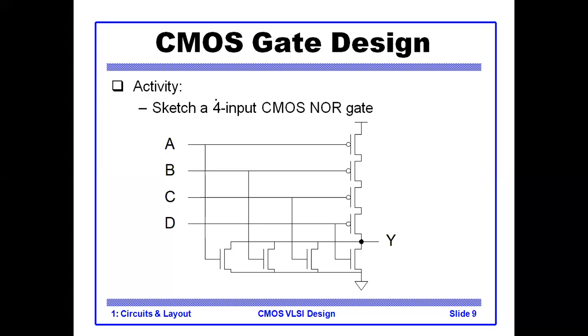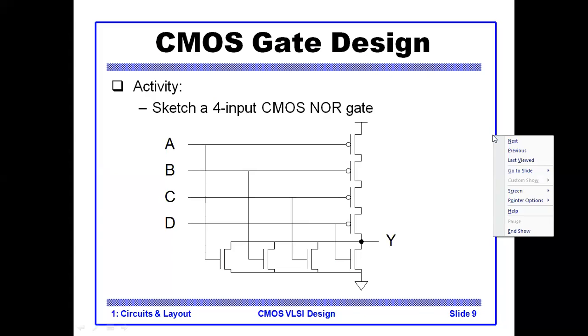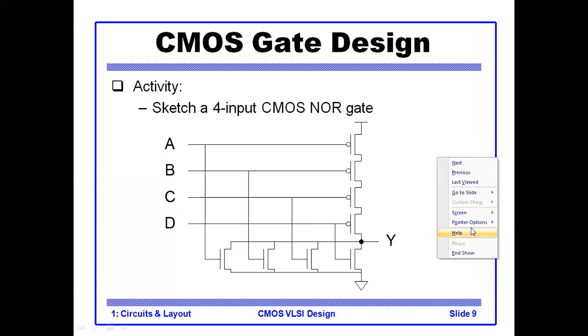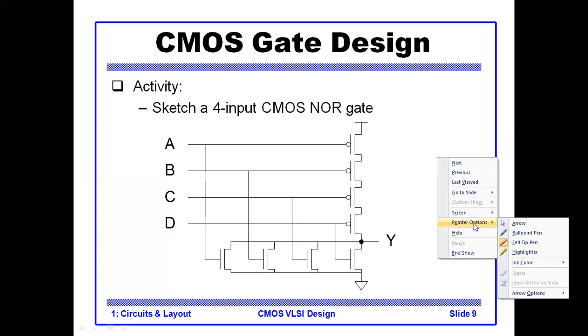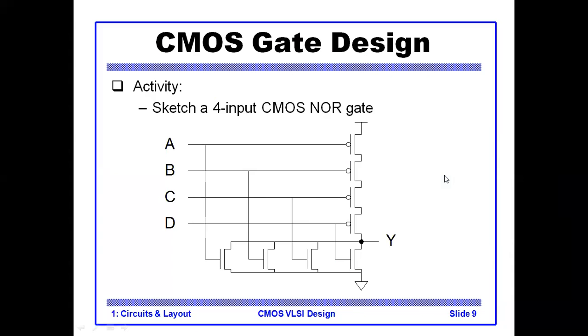Again, by following this rule, you can verify from this design. For the NOR gate, the equation, if there are 4 inputs, is (A plus B plus C plus D) bar, right?